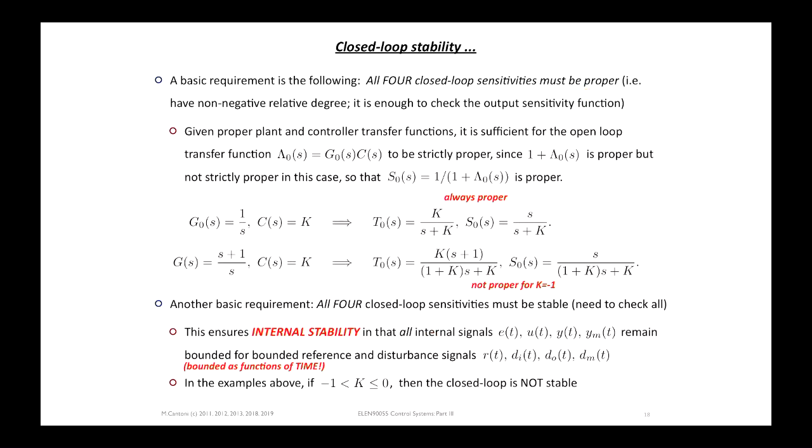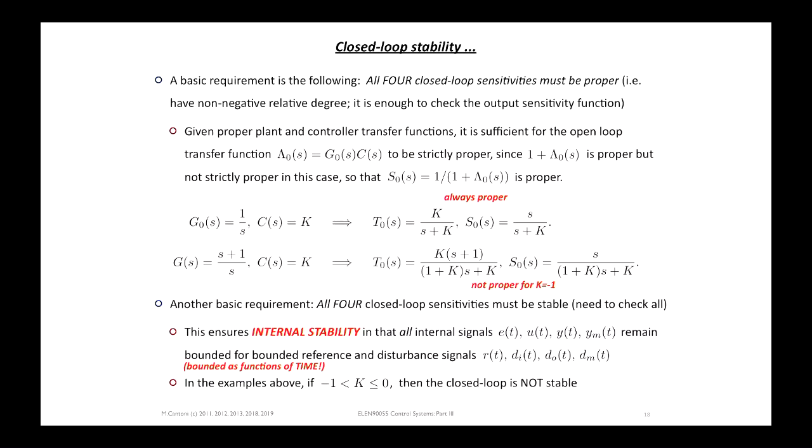To achieve properness, it's not too hard. If the open loop transfer function is strictly proper, so when you take the product of the plant transfer function and the controller transfer function, you end up with a ratio of 2 polynomials where the degree of the numerator is less than the degree of the denominator, then it'll be strictly proper. And in that case, all of the closed loop sensitivity functions will be proper.